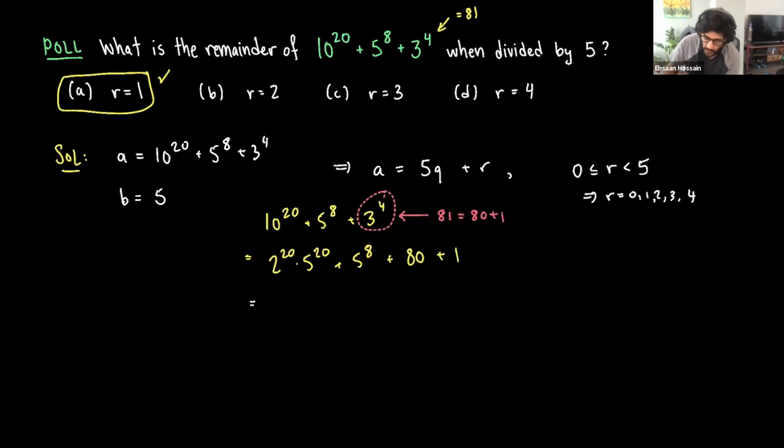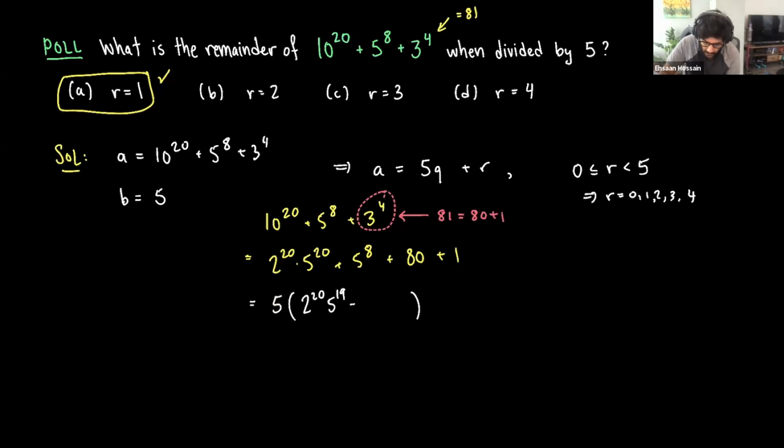I'm dividing 81 by 5, basically, right? And when I do that, how can I factor out a 5? 5 times what? What's left over? I get 2 to the power 20 times 5 to the power 19, right?